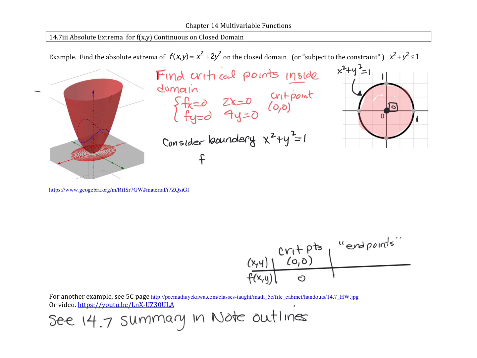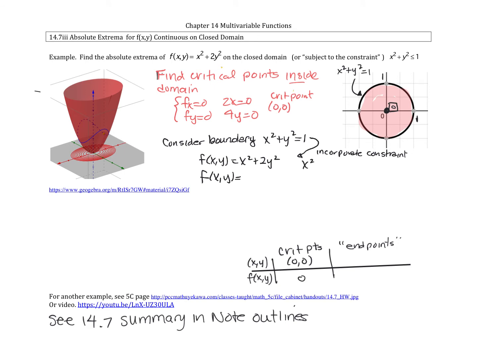So if we do that, we can incorporate this constraint into our equation, just like we did in the previous section, 14 part 2. We incorporate the constraint. And so we're going to get f of x and y equals, let's see, I'll just solve for x squared here.